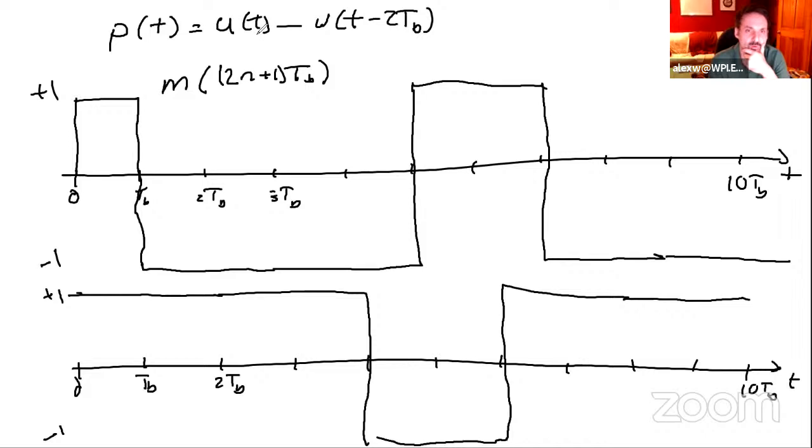And then what we would do is we would have this thing here, this pulse shape. And now it's the argument.